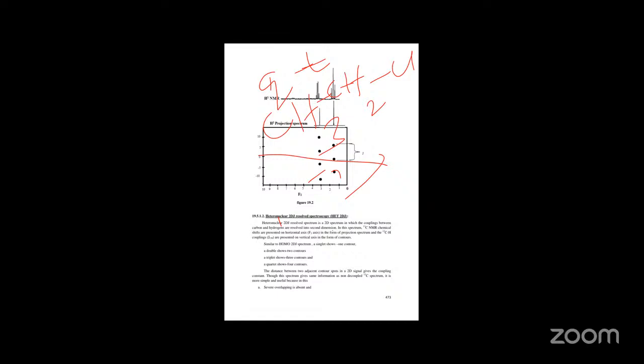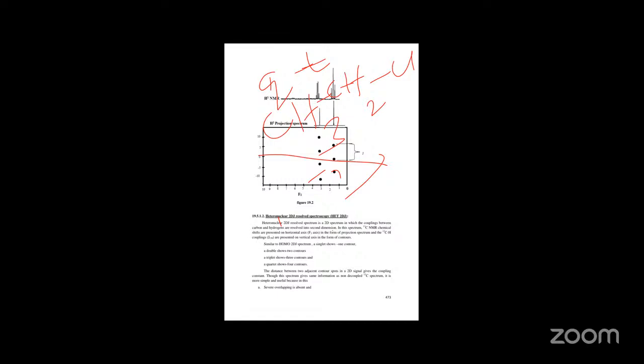Yes, next, heteronuclear 2D resolved spectra. Heteronuclear 2D resolved spectrum is a 2D spectrum in which the coupling between carbon and hydrogens is resolved into the second dimension. In the spectrum, C13 NMR chemical shifts are presented on the horizontal axis, the F2 axis, in the form of a projection spectrum.